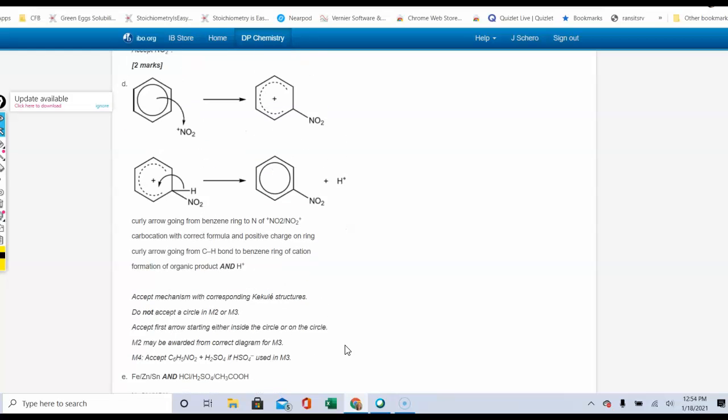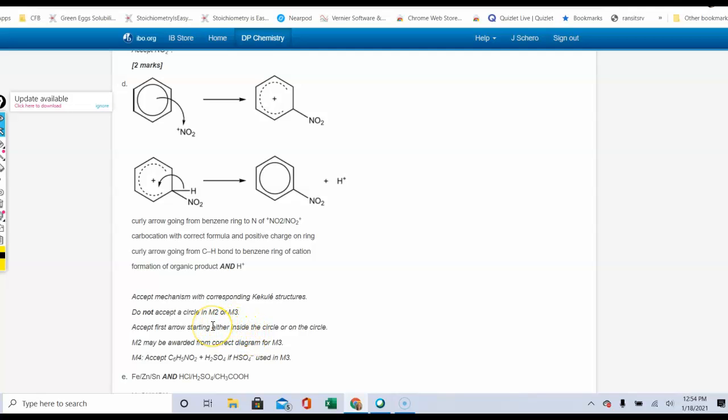Then it gets into accepting the mechanism with corresponding Kekulé structures. In other words, if you drew the opposites with the double bond and single bond interlacing, that would be fine. Do not accept a circle in the M2 or M3. So in this step or this step, if you have a full circle, you do not get those credits.